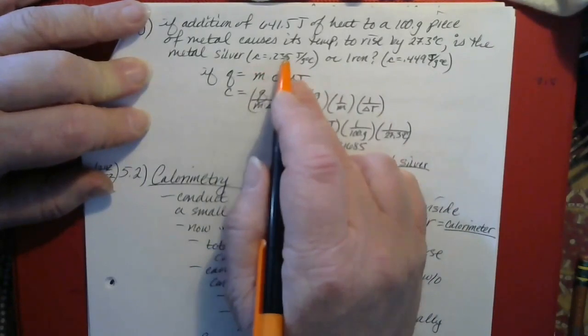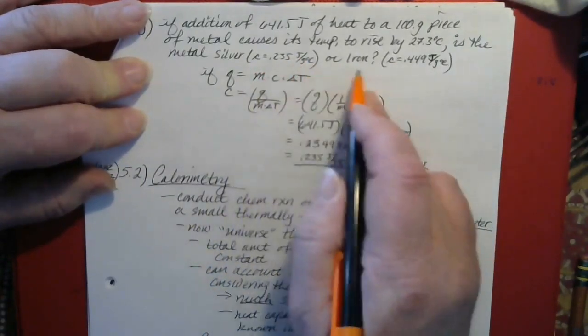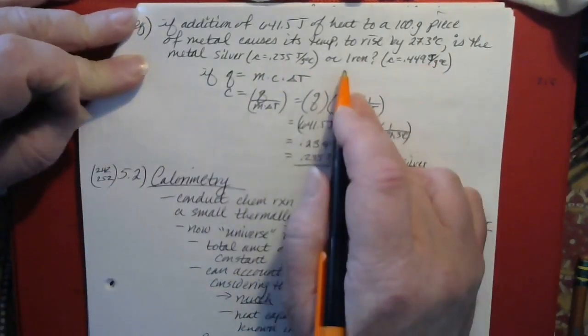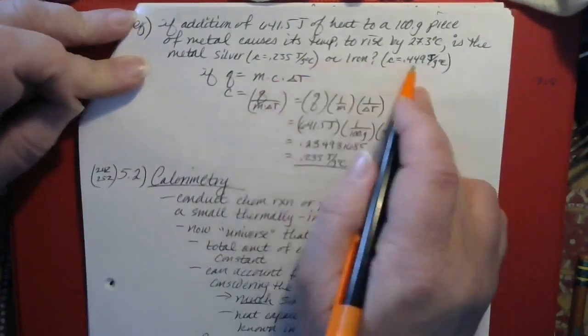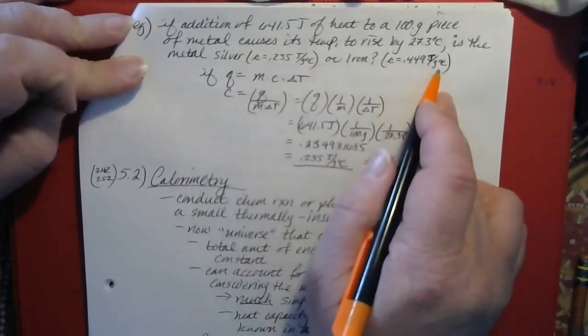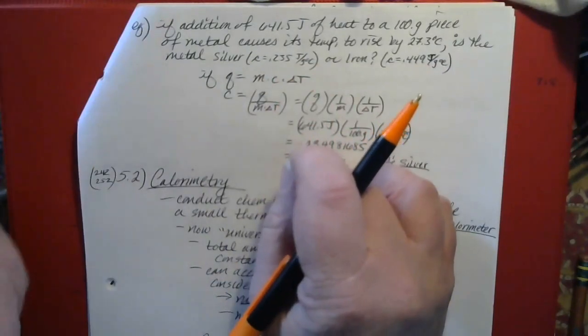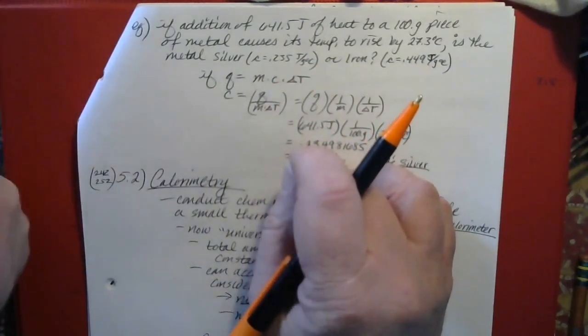Specific heat for silver is 0.235 joules per gram degree Celsius, and the specific heat for iron is 0.449 joules per gram degree Celsius. Those are far enough apart that even allowing for some experimental error, you should be able to tell the difference between the two. That's assuming that we were actually doing the experiment instead of a calculation.